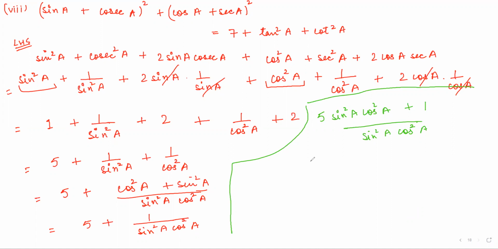Okay, don't write. Let me just try to solve it, right? Even if I don't want to disturb this 5, let me keep this 5 as it is, plus 1 upon.